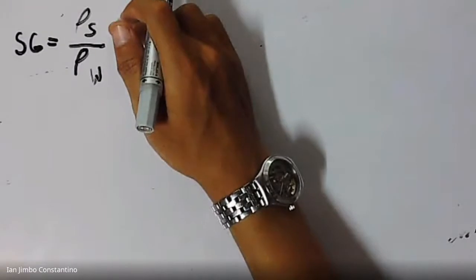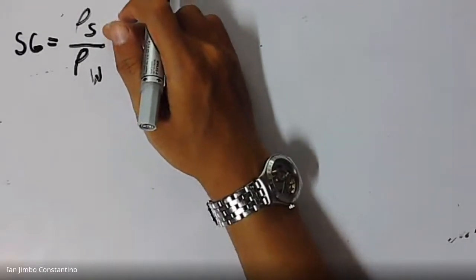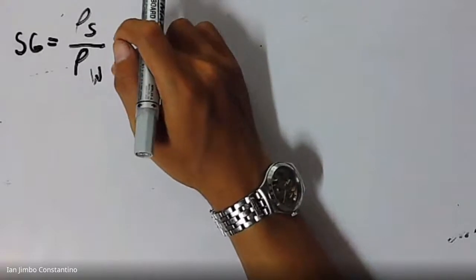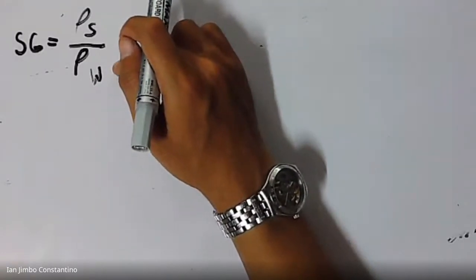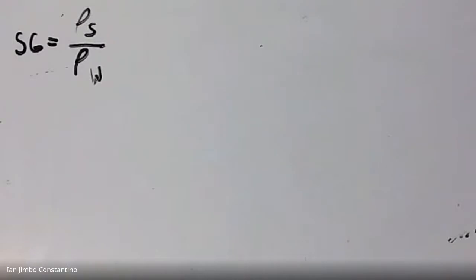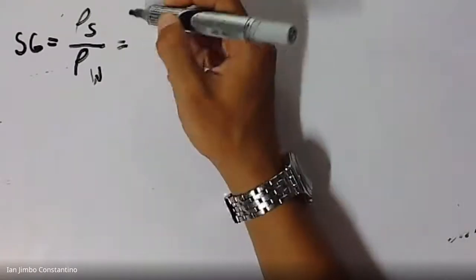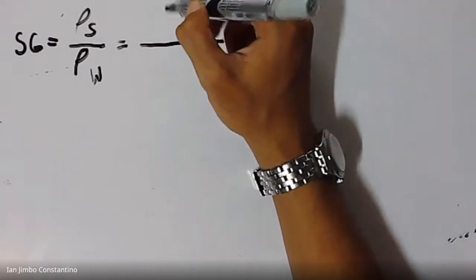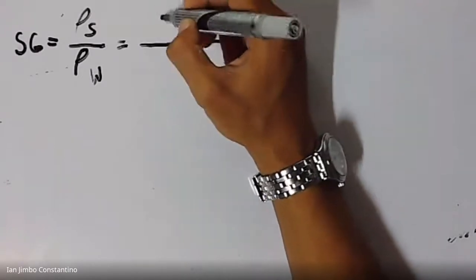Now, we are given the density of your fuel at 15.6. And then, the universal density for water is 1,000 kilogram per cubic meter or 1 kilogram per liter. Since we need a unitless item, which is SG, we will simply solve this by dividing the density of your substance by the density of water.